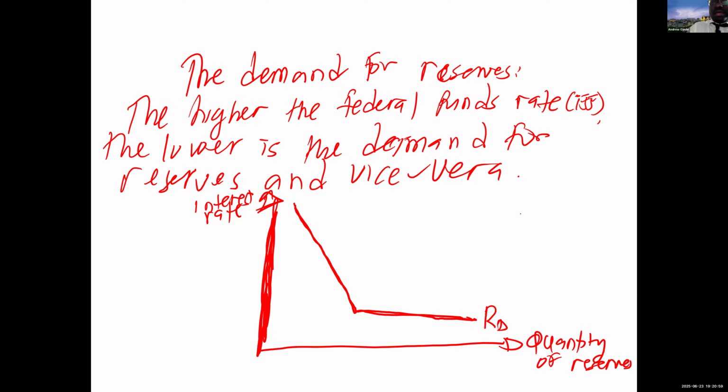This is what we call a kink demand curve. You guys are used to the demand curve that normally slopes downwards. This one is going to be kinked at this point. The demand curve slopes downwards, then it becomes flat.